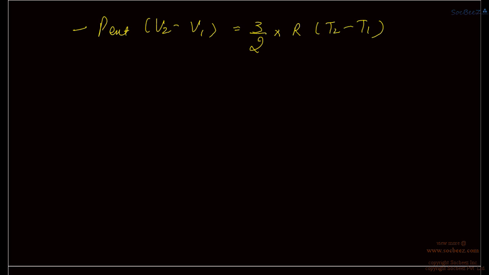Now if we solve this expression further, we get something like T2 equals T1 minus 2 upon 3R.